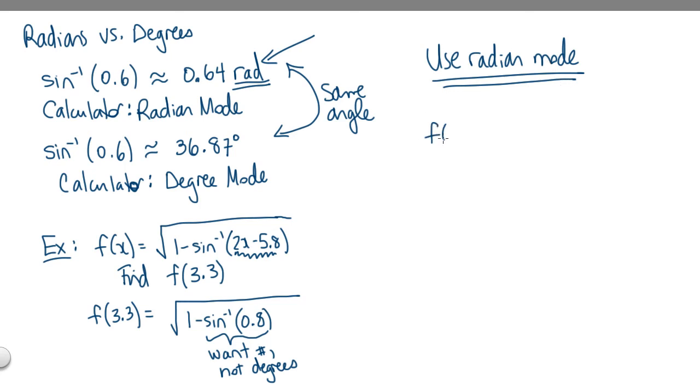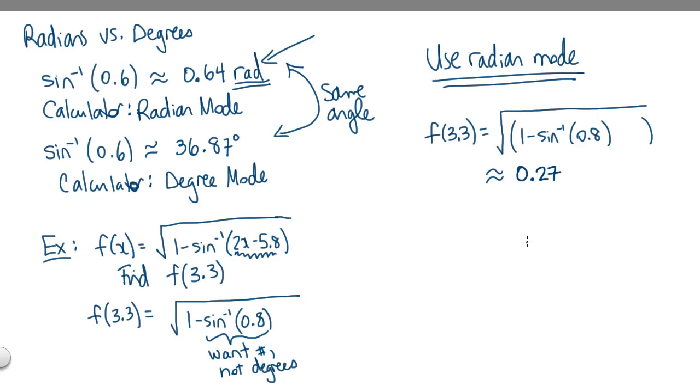So f of 3.3, we should be able to do this on our calculator then. And just a little bit of caution here in terms of using the calculator. When you type in your square root there, you're going to want brackets around everything under the square root, just so that the square root applies to that entire expression there. Okay, and as long as we're in radian mode, we will get approximately 0.27.